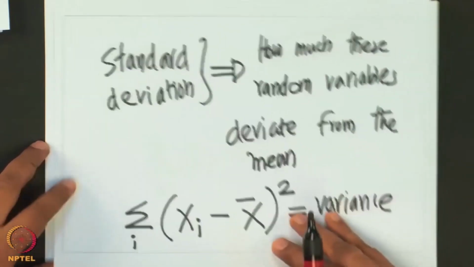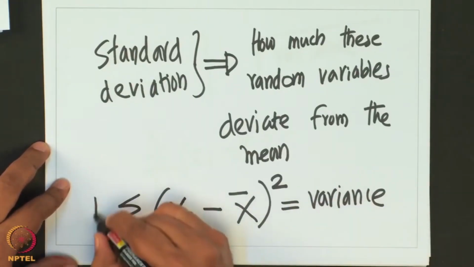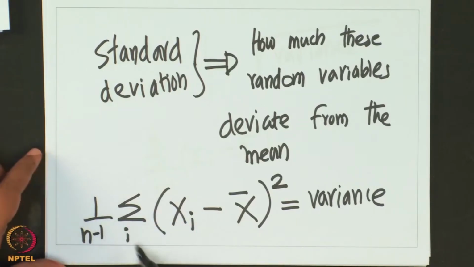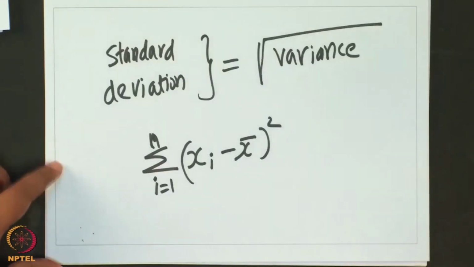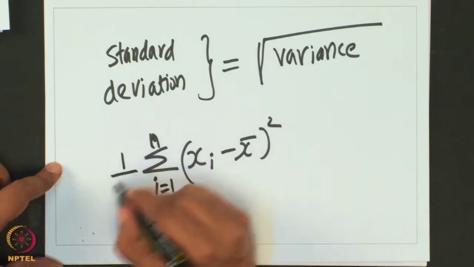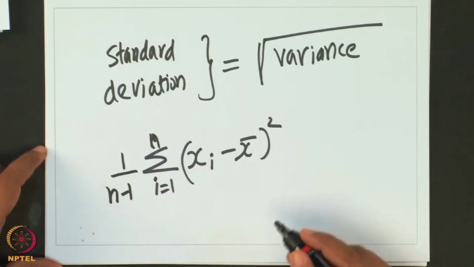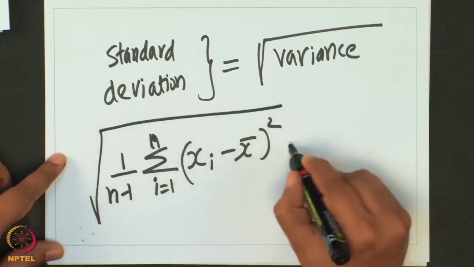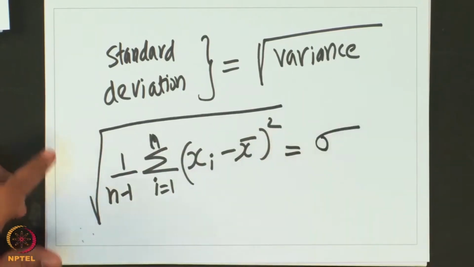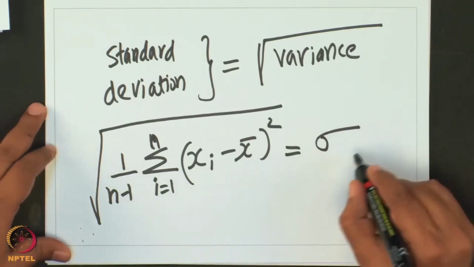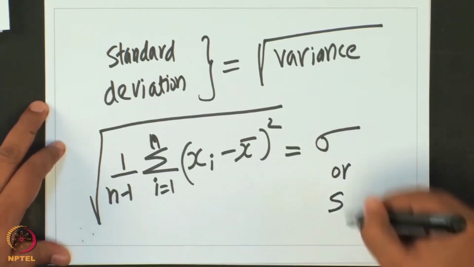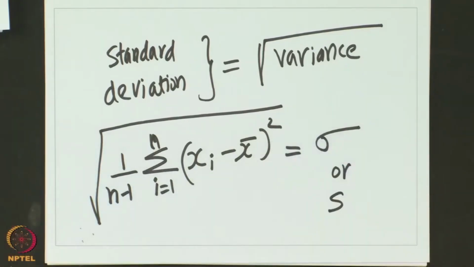Of course you have to divide by n minus 1. Then only this would become the variance. The variance is sigma square, and the square root of it, the standard deviation, is represented as sigma or sometimes by s. This is what we would use to represent this quantity.